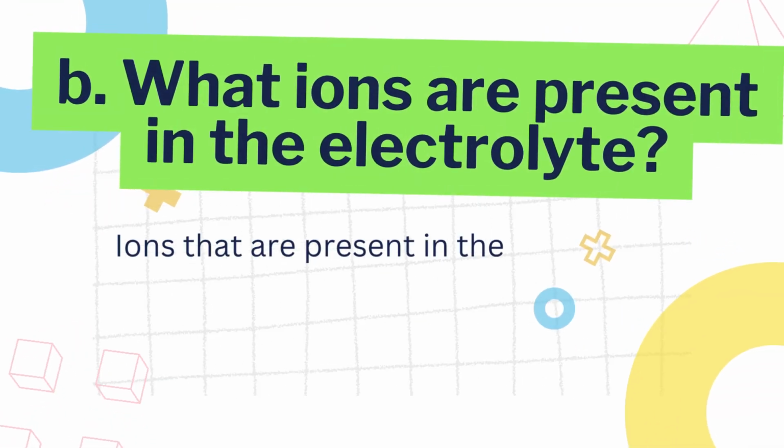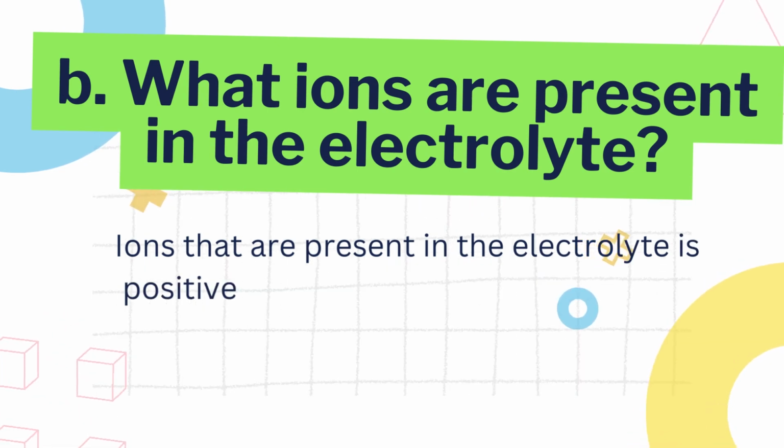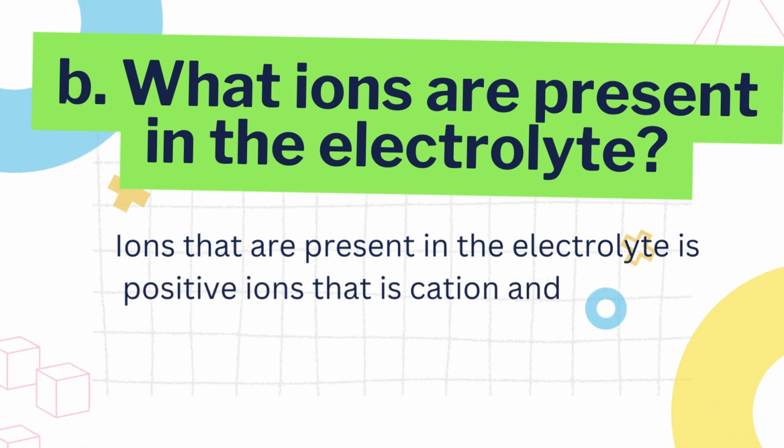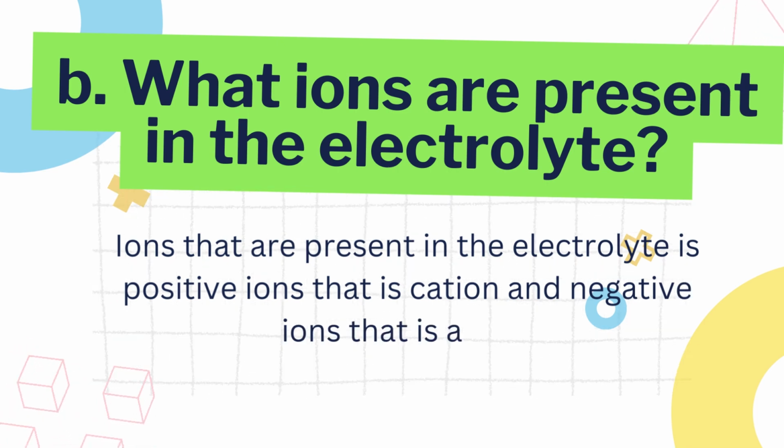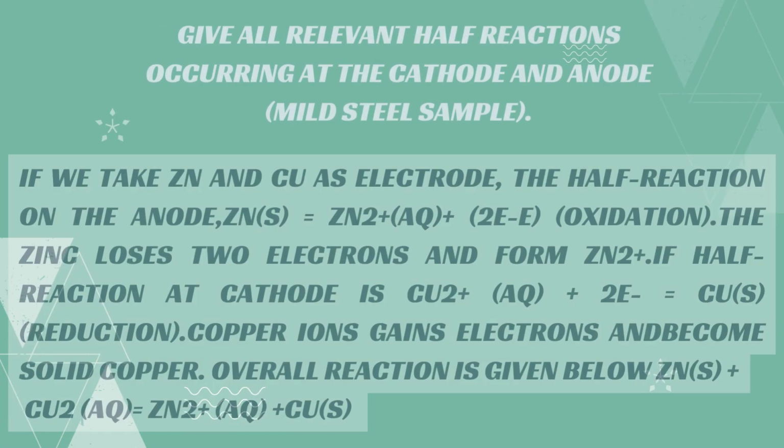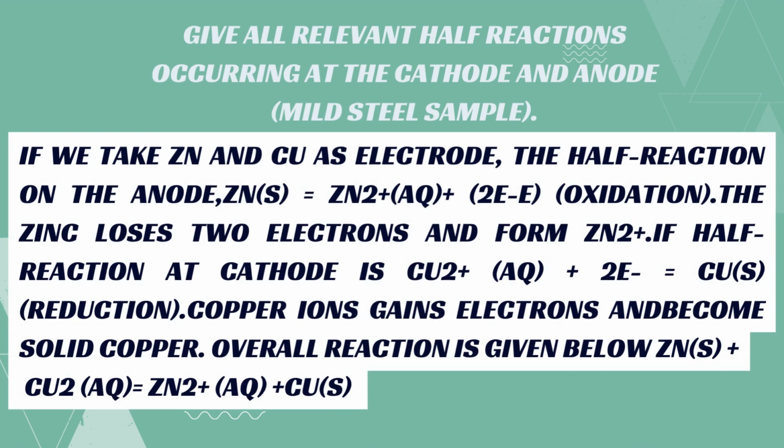What ions are present in the electrolyte? The ions that are present in the electrolyte are positive ions, that is cations, and negative ions, that is anions. Give all relevant half reactions occurring at the cathode and anode, which is my steel sample. If we take Zn and Cu as electrodes, the half reaction at the anode is Zn(s) = Zn2+(aq) + 2e-, oxidation.